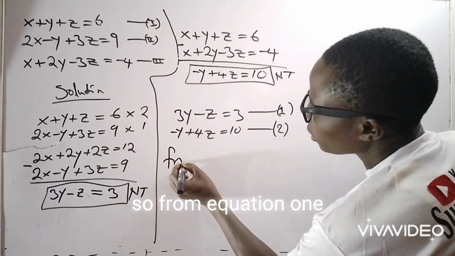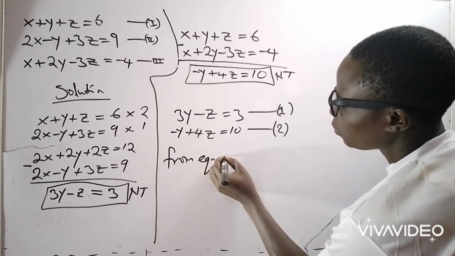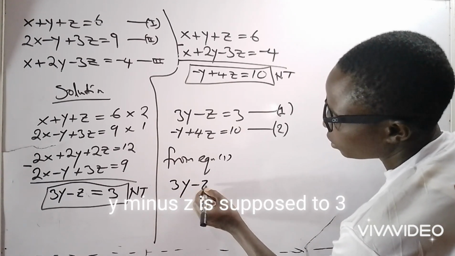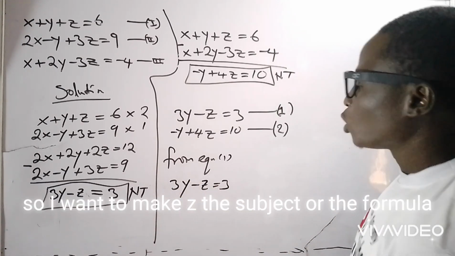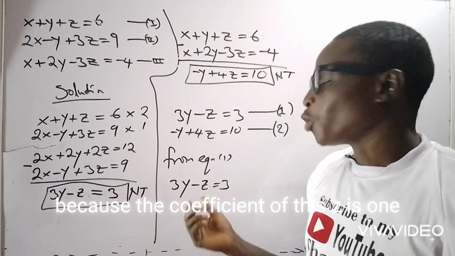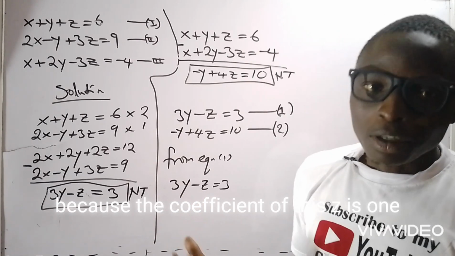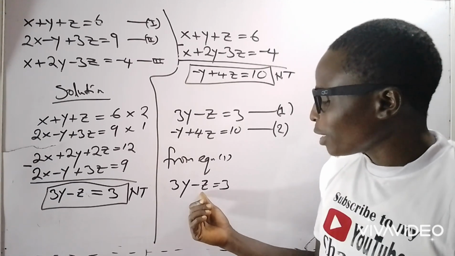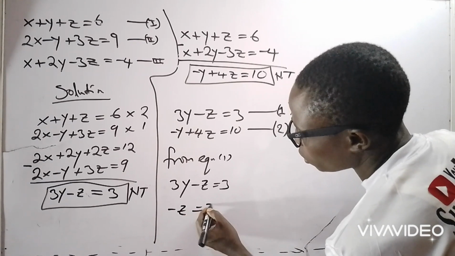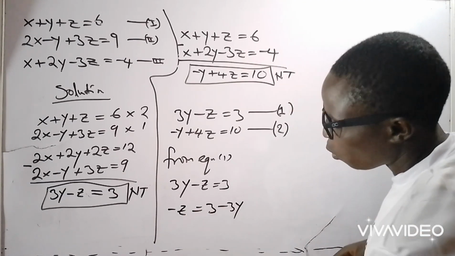From equation 1, we can see that 3y minus z equals 3. I want to make z the subject of the formula because the coefficient of this z is 1. It seems simpler. That means I'll have minus z equals 3 minus 3y.